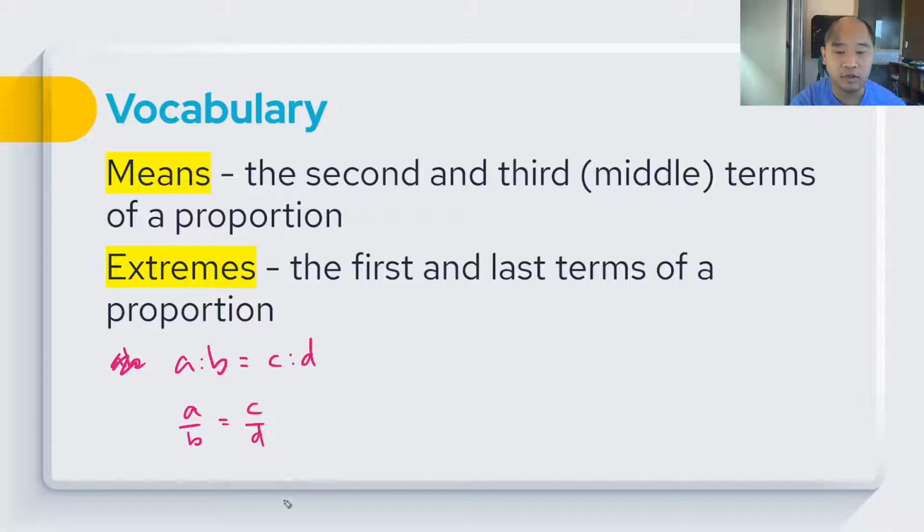Either of these are fine. The second and third terms are called the means. The extremes are the first and the fourth term.